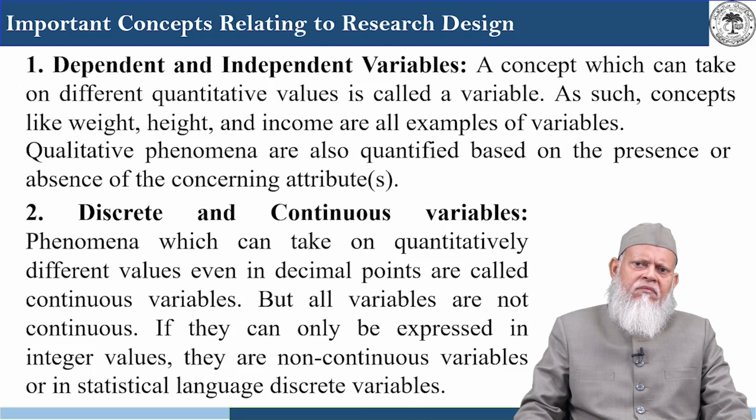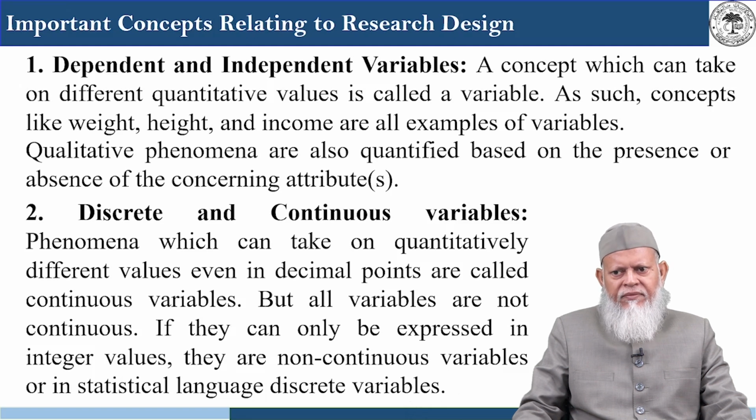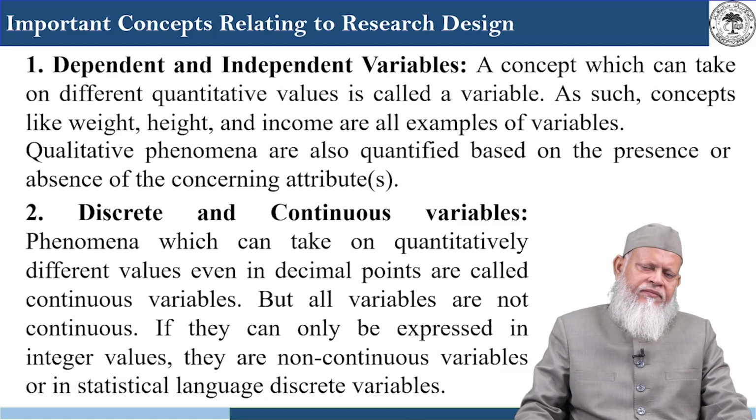Suppose we are studying honesty, then either it would be there or not there. If it is there, in the table we write 1, and if it is not there, then in the table we write 0, that is absence. So, the qualitative data is quantified according to the presence or absence of that attribute.